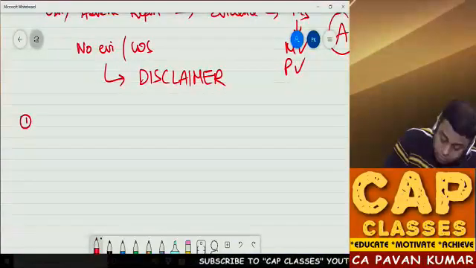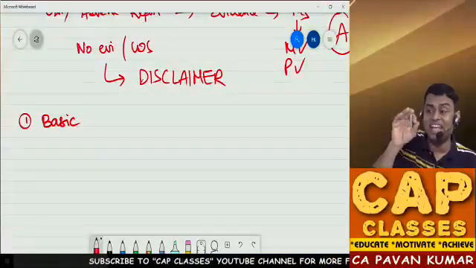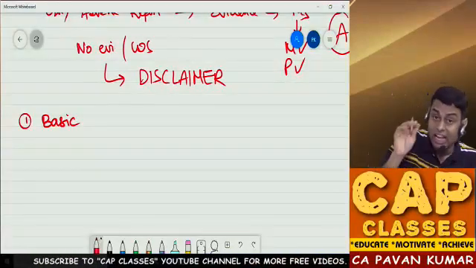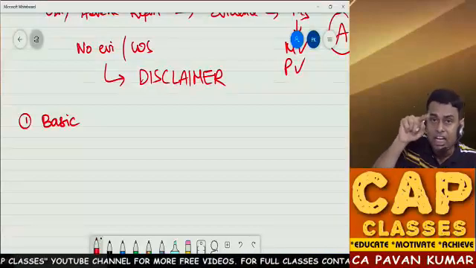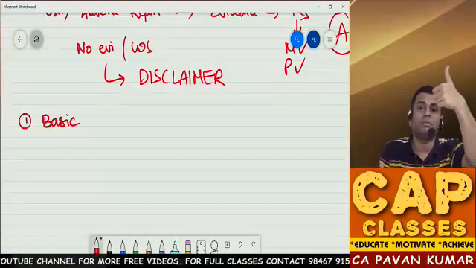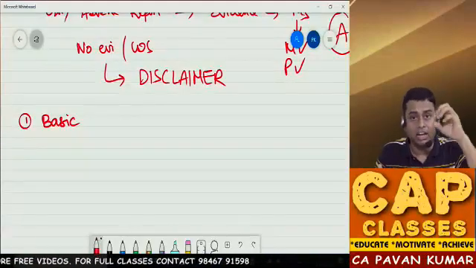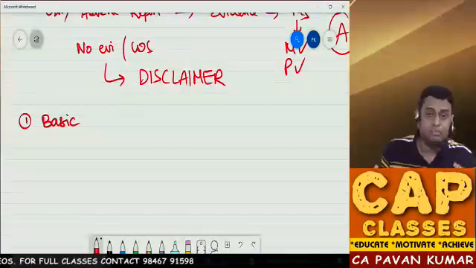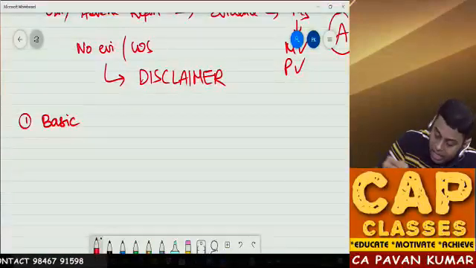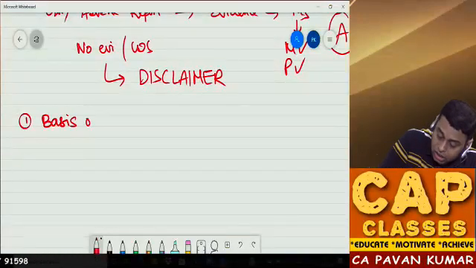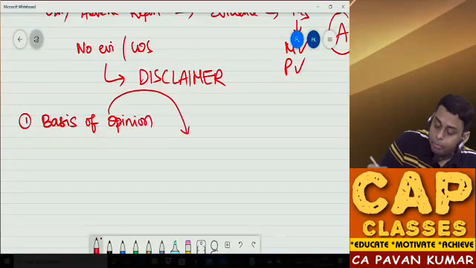Point number 1. Do you remember in our last class we discussed about CA 700? In CA 700, do you remember I have told you 12 contents starting from title, addressee. You remember introductory paragraph, opinion paragraph, audit responsibility, management responsibility, key audit matters, basis of opinion. Wait, do you remember basis of opinion? This should be changed appropriately.